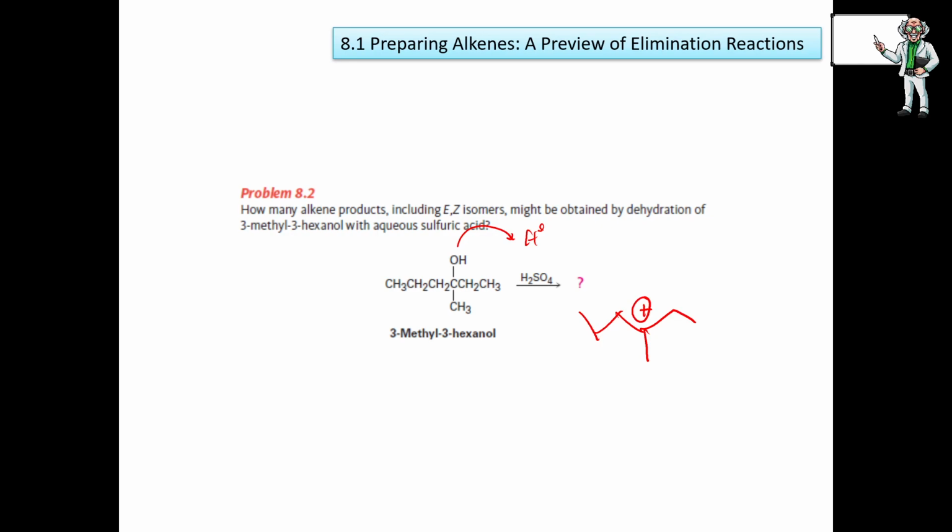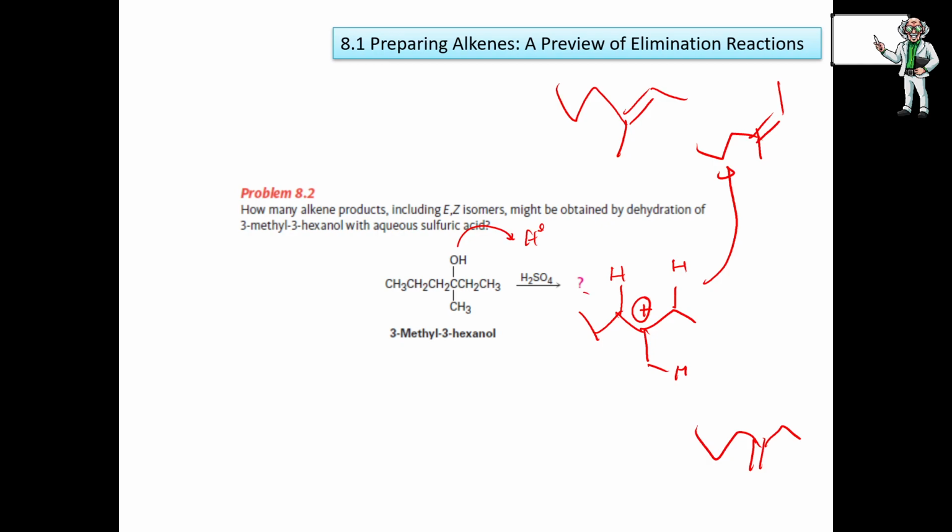And now this carbocation can eliminate with any hydrogen that is one carbon away from the carbocation. That means these three different hydrogens, giving us, for example, if we eliminate this hydrogen, we will get this or this, the E and Z. So, okay. If we eliminate this, we can only get one.